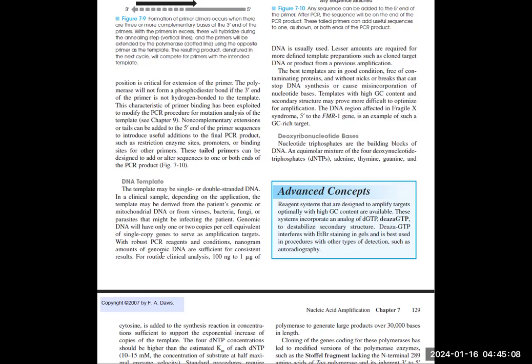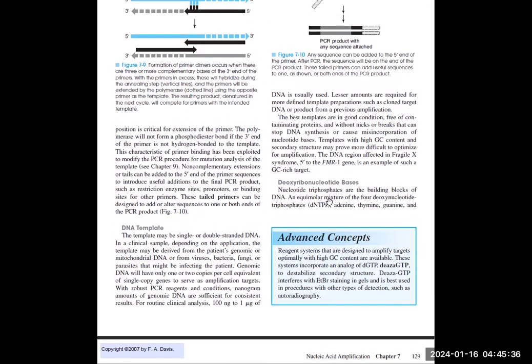With robust PCR reagents and conditions, we can get as much as nanogram amounts of genomic DNA. This is sufficient for us to give reliable and consistent results. For clinical analysis, it's best to have 100 ng to 1 microgram of DNA.